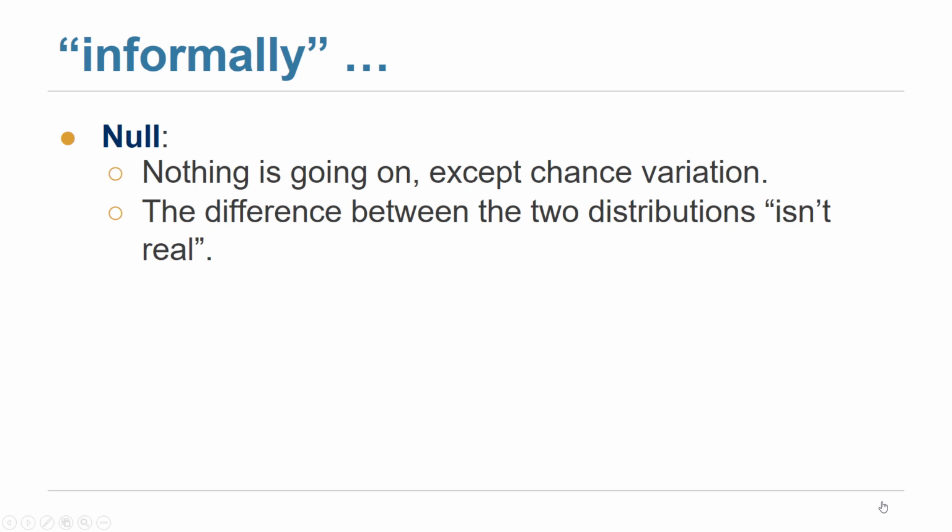Informally, the null hypothesis is saying that nothing is going on except chance. So if we see a variation between the sample data that we have and the population and the model, that difference or that variation just happened by chance. Or, in other words, it's not real. It just happened by chance.